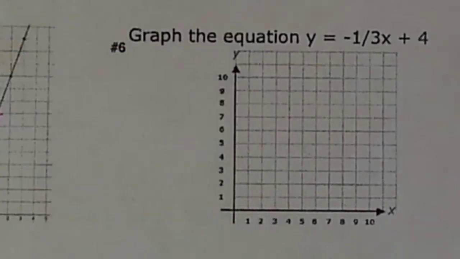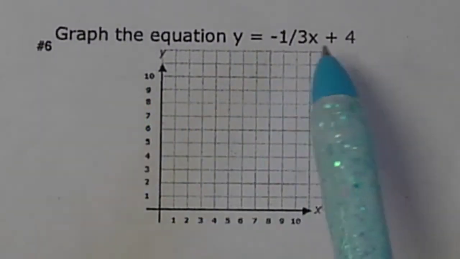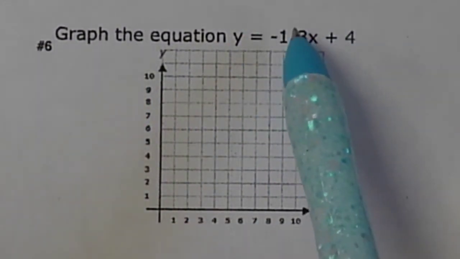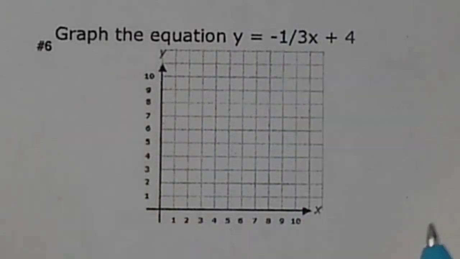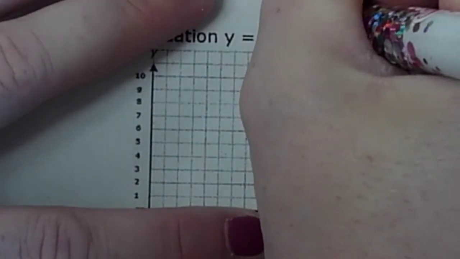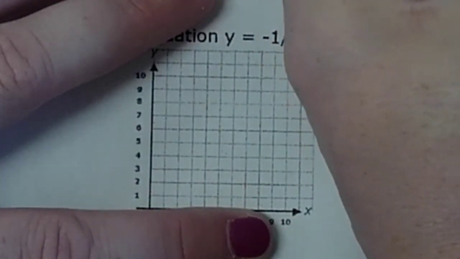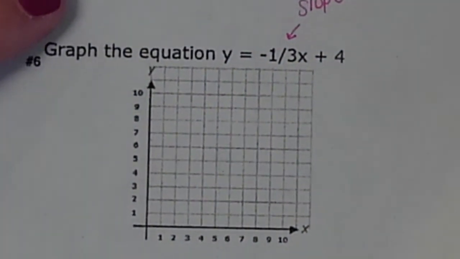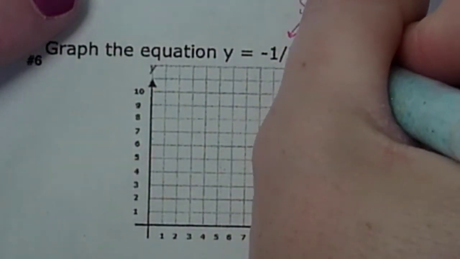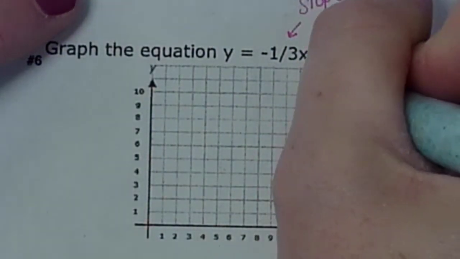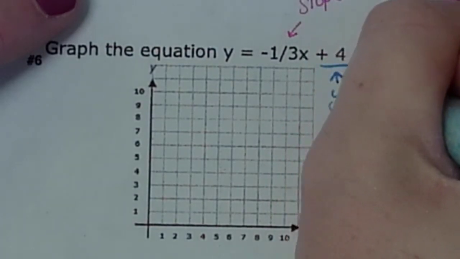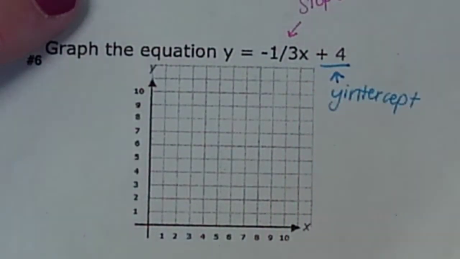Now we're going to go the opposite way. I'm going to give you the equation and you have to graph it. So again, let's figure out what these two things are. That is our slope, and the 4 is the y-intercept, or initial value.